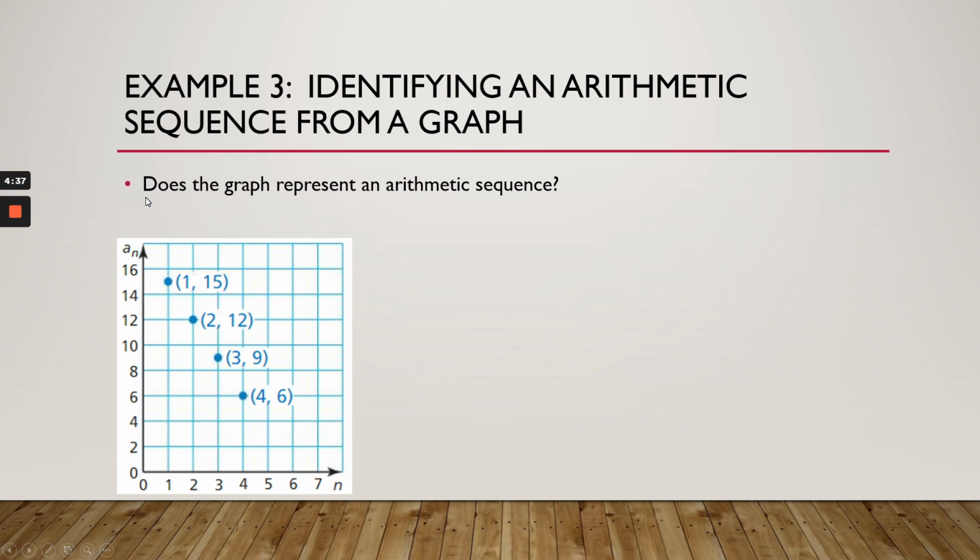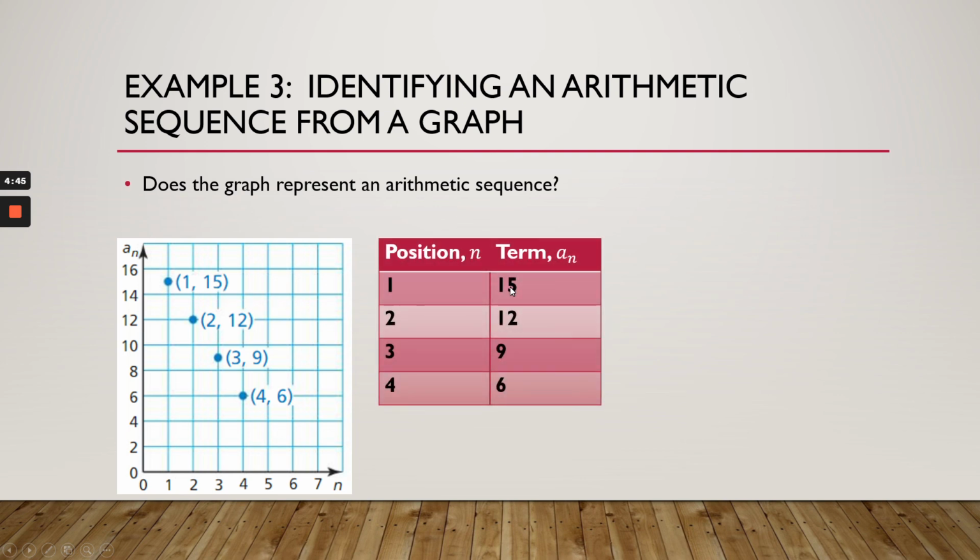All right, so now looking at this, we're asking the question, is it an arithmetic sequence? Well, let's think about our numbers, 15, 12, 9, 6. Let's see if we can find a common difference. 6 minus 9 would be a negative 3. 9 minus 12, negative 3.